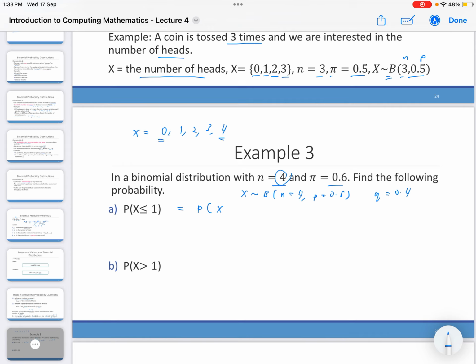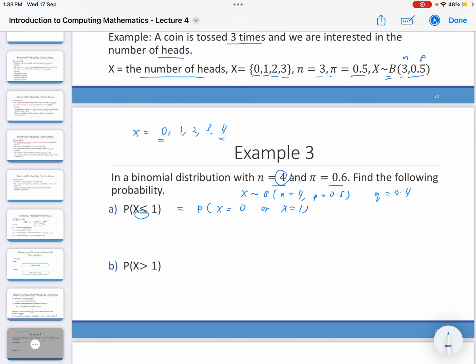Okay, and then probability of x less than or equal to 1 is equal to probability of x equals 0 or x equals 1. And remember, for discrete, the equal sign here is very important. It's very different if there is an equal sign or no equal sign. For this one, there is an equal sign.